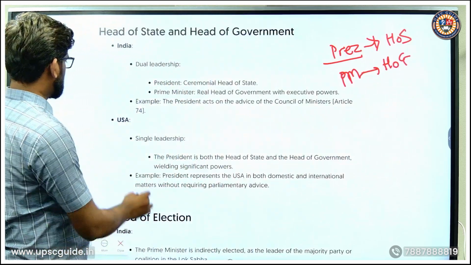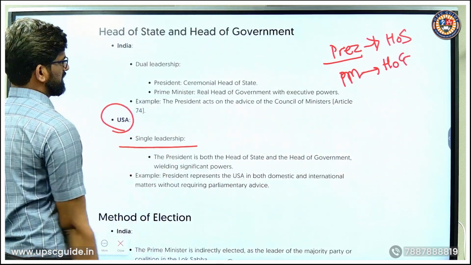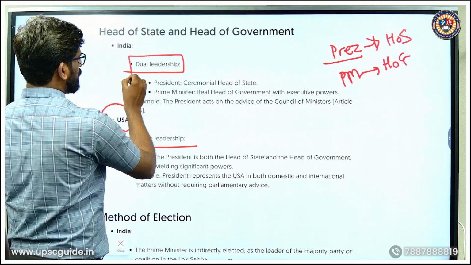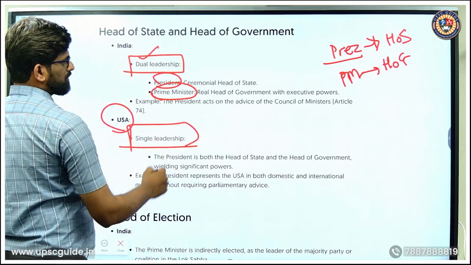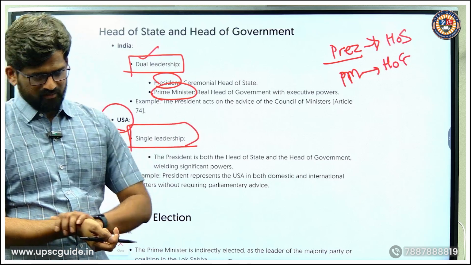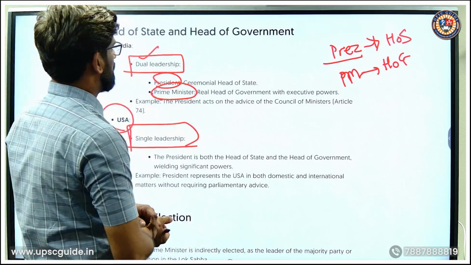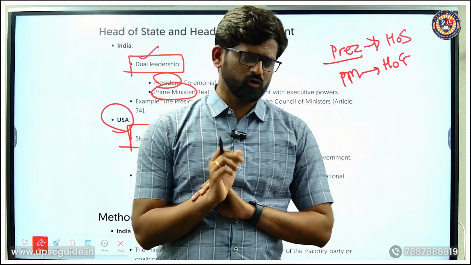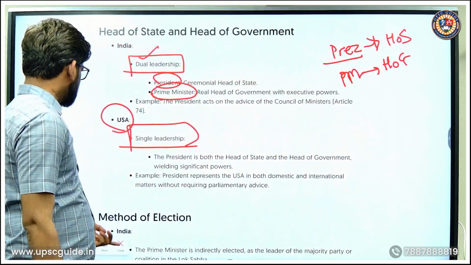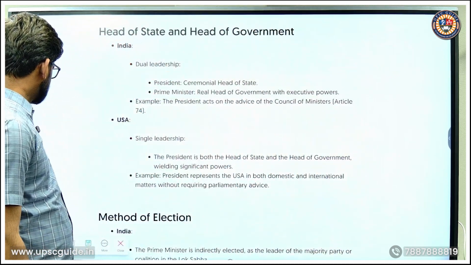At the same time, in USA there is a single leadership. In India there is a dual leadership, president and prime minister. In USA, de facto, de jure and everything, there is a single leadership. The head of the state and head of the government is the same person. There is no difference.